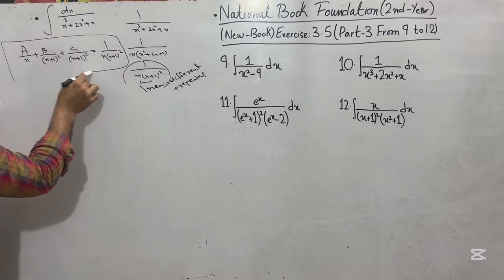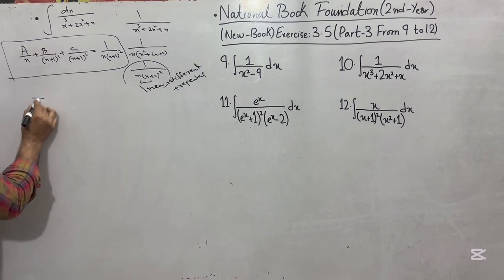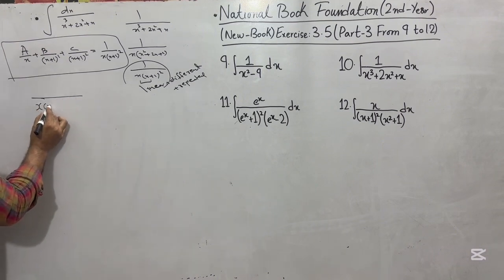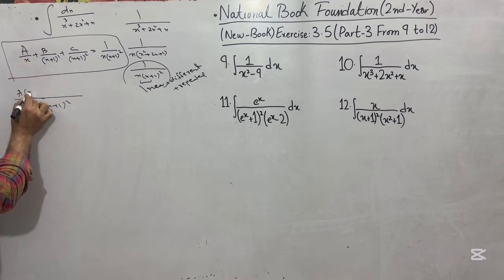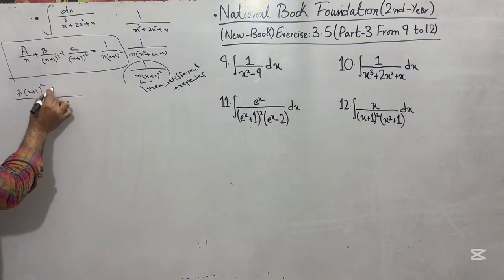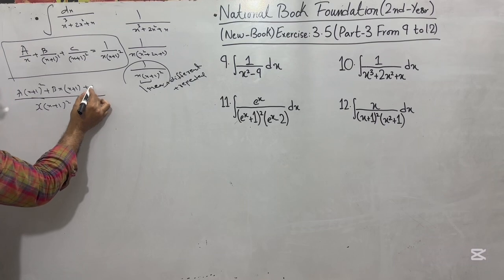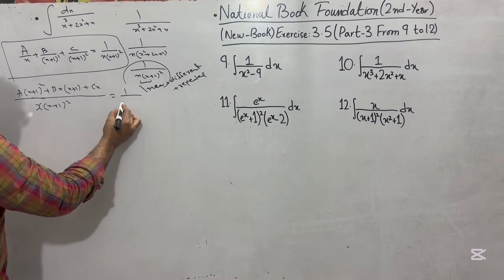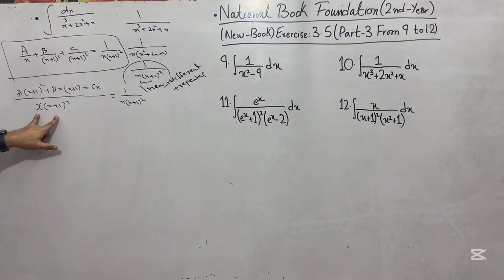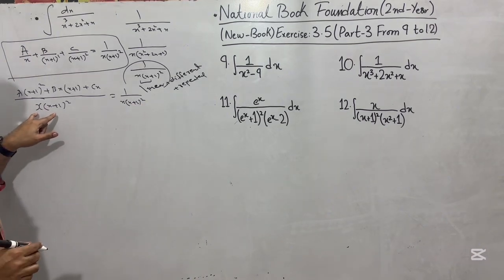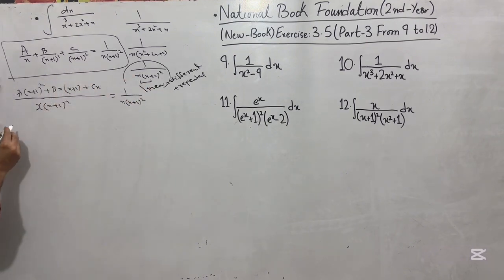Now taking LCM on the left hand side and managing the values of capital A, B, C. LCM is x times x plus 1 whole square. Here it is A times x plus 1 whole square, B times x plus 1, and here it will become only Cx. Shift this quantity from division to multiplication, from left to right, and open this up.